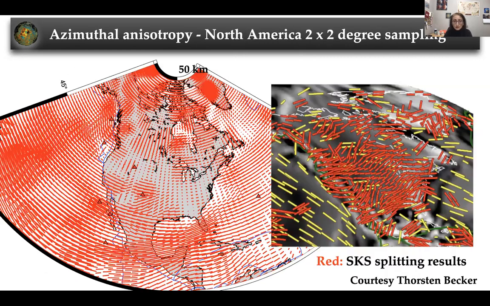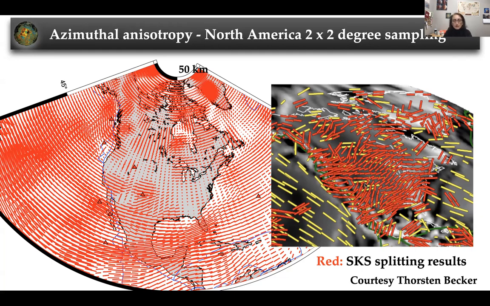And this is another example from North America at 50 kilometers. This is a compilation of SKS splitting results from Thorsten Becker. Actually, the surface wave anisotropy does not have to match the SKS splitting results, because they may be sensitive to anisotropy in different parts of the mantle or crust.